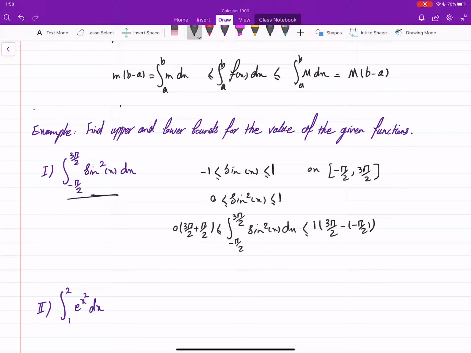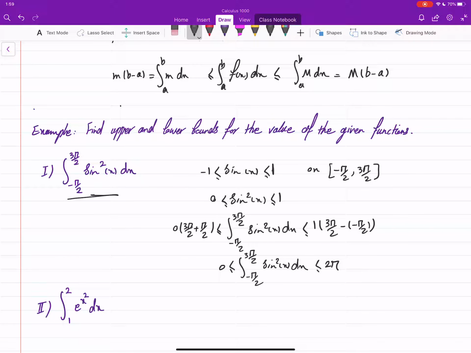So in other words, the integral of sine squared is going to be between 4 pi over 2, which is 2 pi, and 0. It will be a number over there.